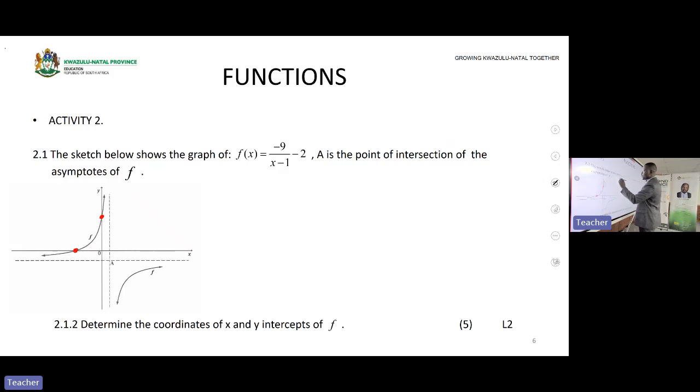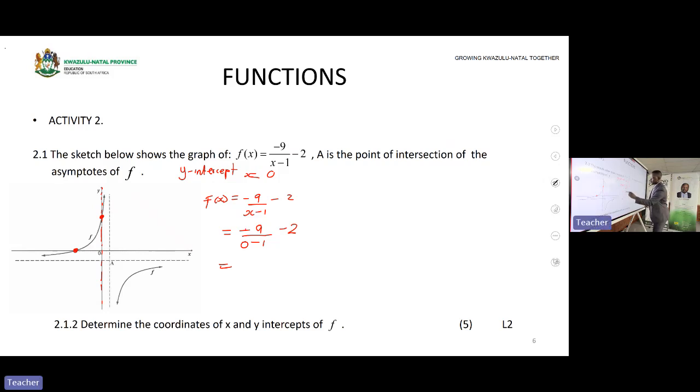It's very simple. The y-intercept is a point that is found along the y-axis, and we know that x along that line is always equal to 0. So we go into our equation where there is x, and we substitute 0. Our equation is -9 over x minus 1, minus 2, so it's -9 over 0 minus 1, minus 2.